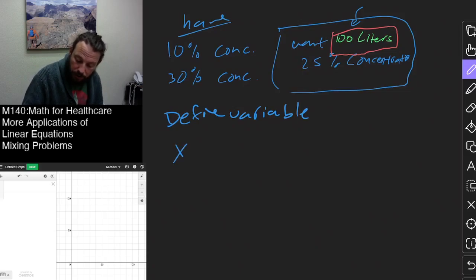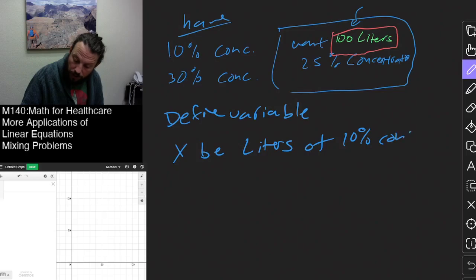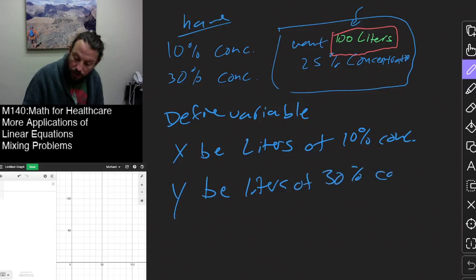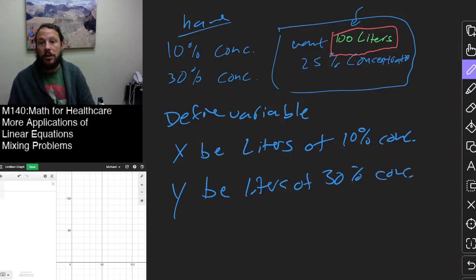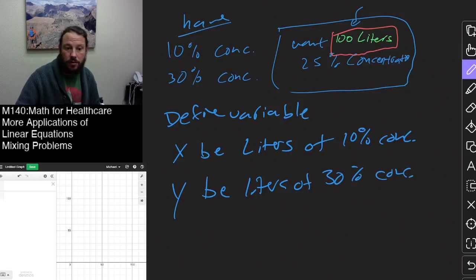So we'll let X be liters of 10% concentration, and Y be liters of 30% concentration. All right, so now how do these interact?